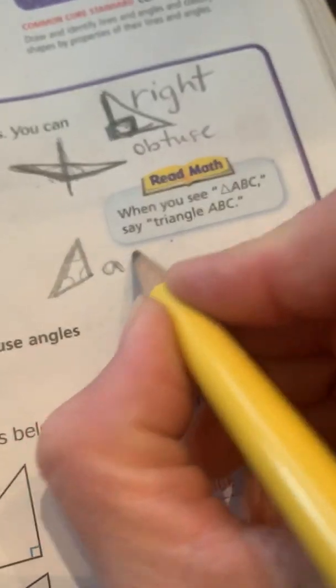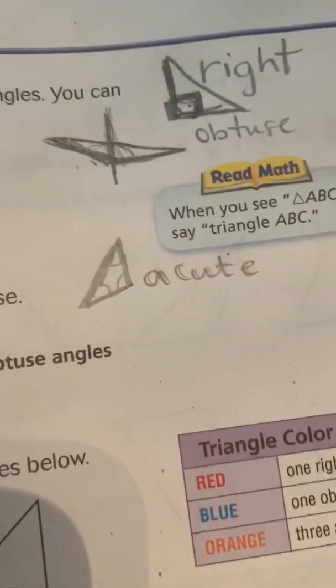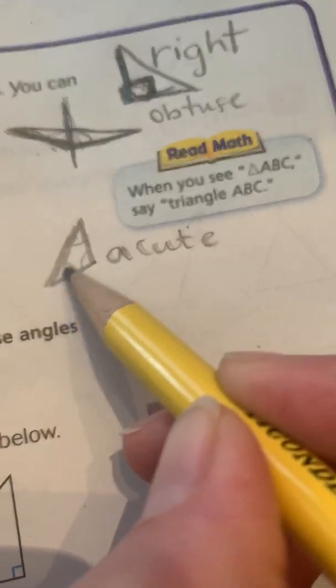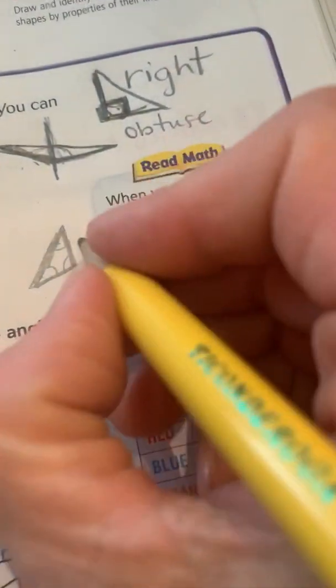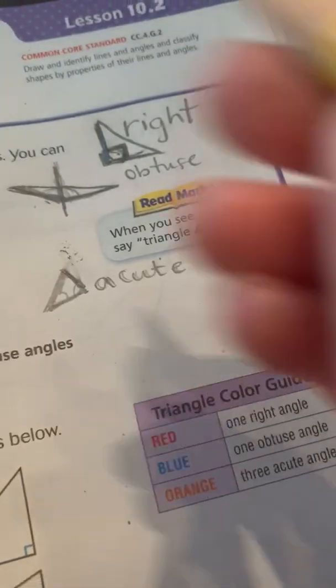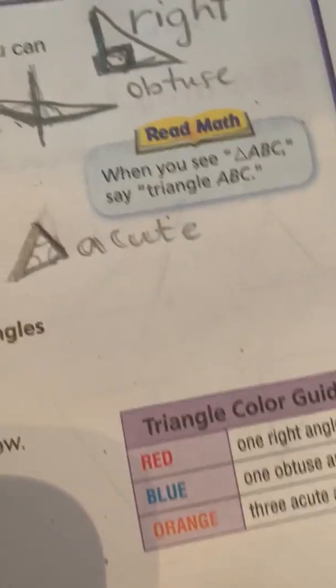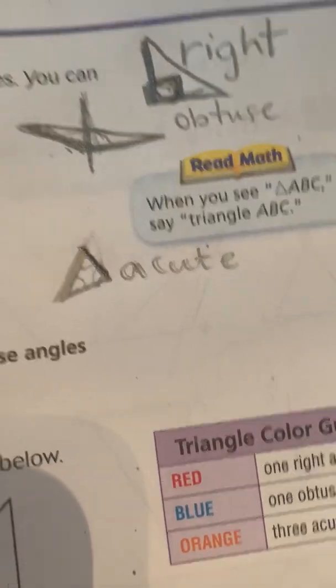When we refer to acute triangles, it has to have angles less than what this paper would fit in. And I know this one seemed like maybe it would have fit in a 90, but acute has to be three angles less than right angles. So just a review there real quickly.